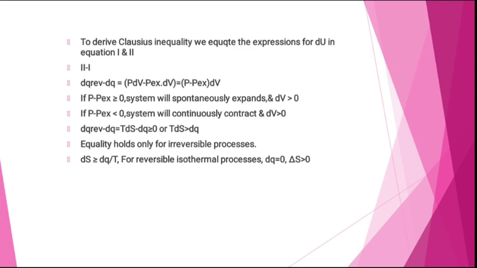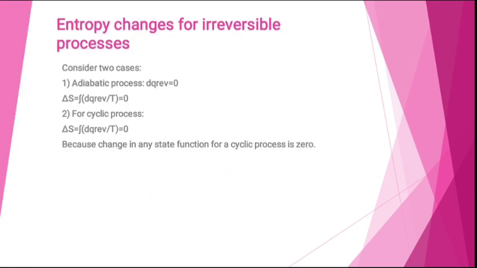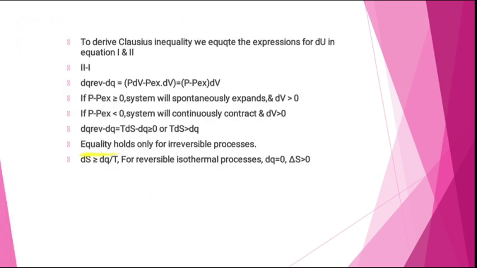So, this equation can be written as dS is greater than or equal to dq by T. So just transfer this T to the right side. dS is greater than or equal to dq by T, and for an isolated system, when change in heat is equal to 0, entropy change is greater than or equal to 0. This is the Clausius inequality. This equation is useful for the Clausius inequality.